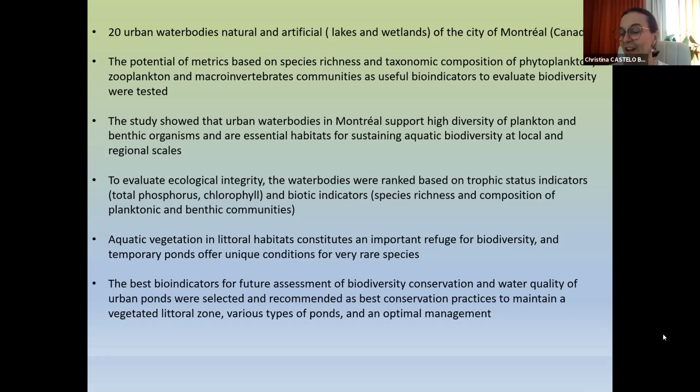I also have another question. You considered the richness of taxa, and I saw in your figures that you have a lot of information on the quality of the composition of the communities.